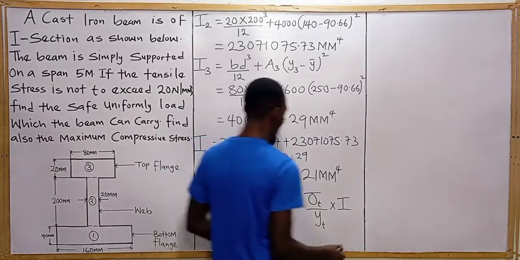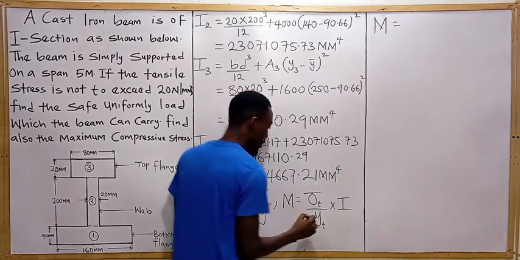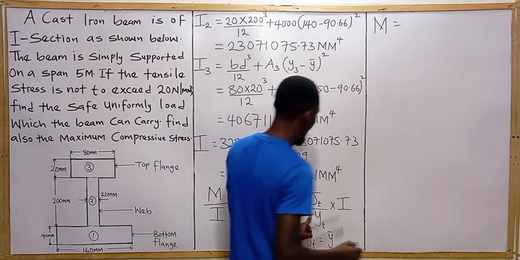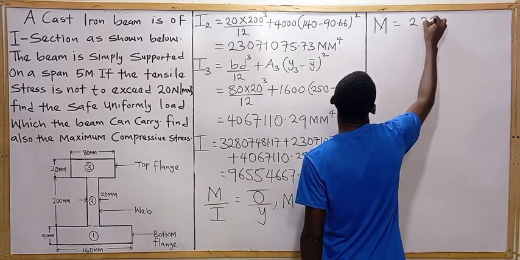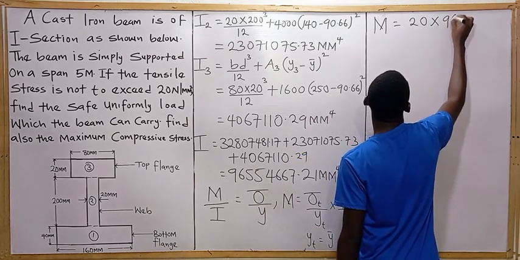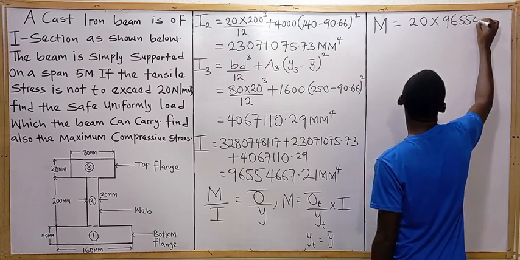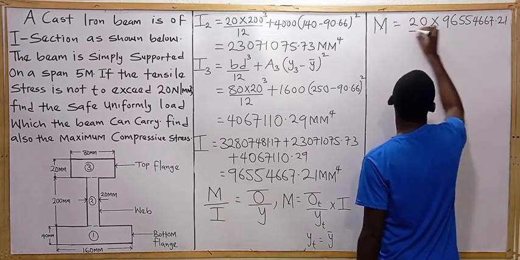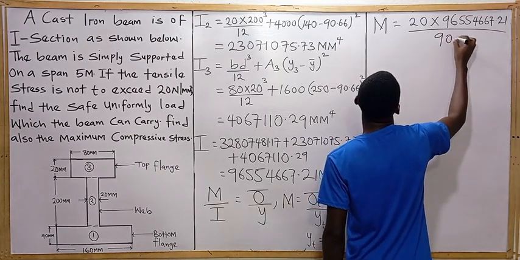So it shows that our Y tensile here will be equals to our Y bar. All right, so here our tensile stress is given to us to be 20, multiplied by our I. Our I here is 96554667.21, then divided by our Y bar, which is 90.66.